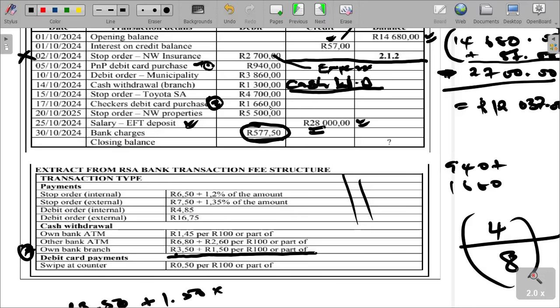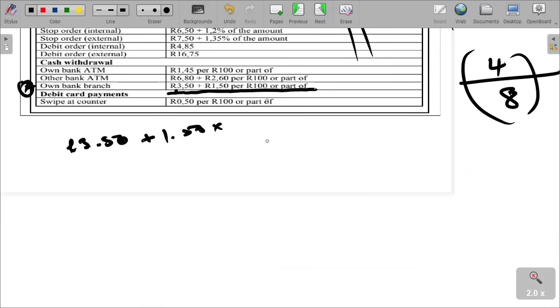So we are saying 3 rand 50 plus 1 rand 50 times every money that is there, times 1,300 that he took out over 100.